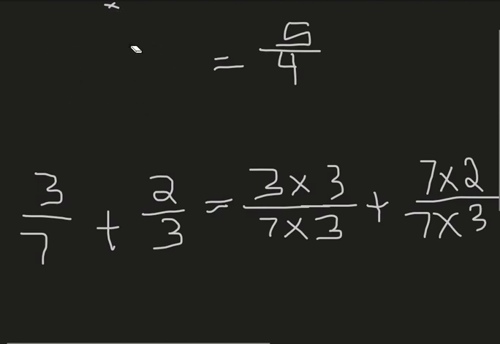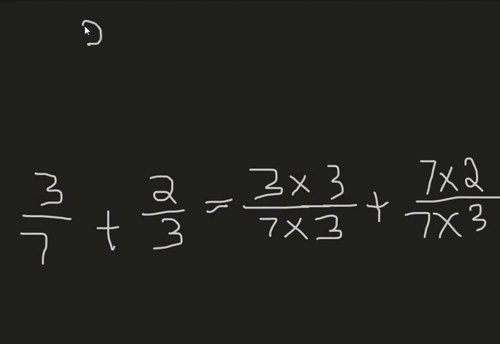Let me just create some space to show you. 3 times 3 is 9, and 7 times 3 is 21. And then you add this fraction. 7 times 2, 14, over 7 times 3, 21.